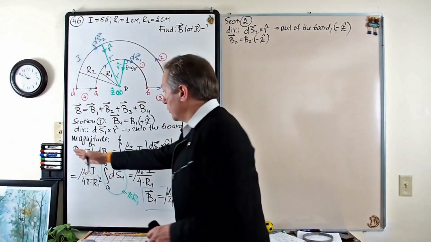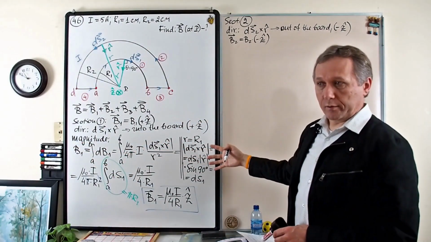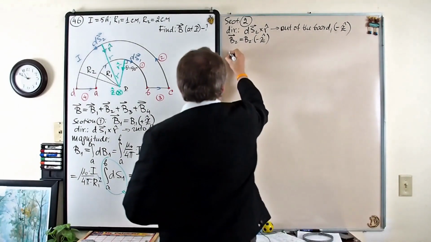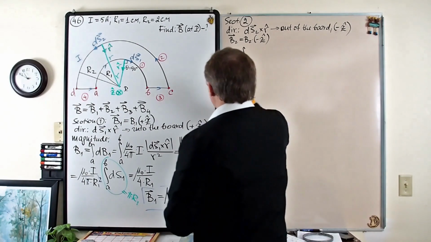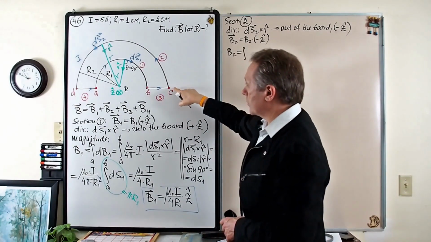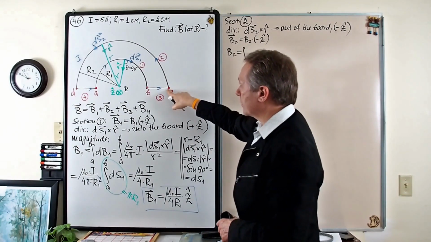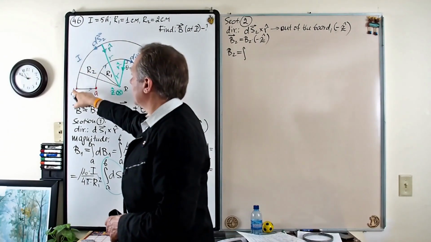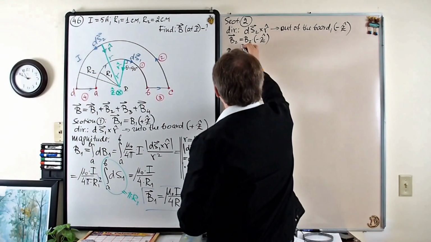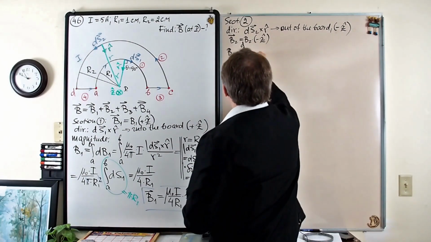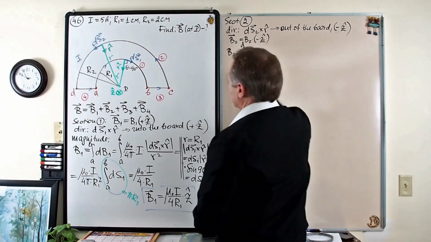And now we'll have to set up a similar integral. Right, so B2 equals an integral. Now integration: we'll start integration from point C, from this corner, and we'll move all the way to this point. So from C to D of dB2. Right?